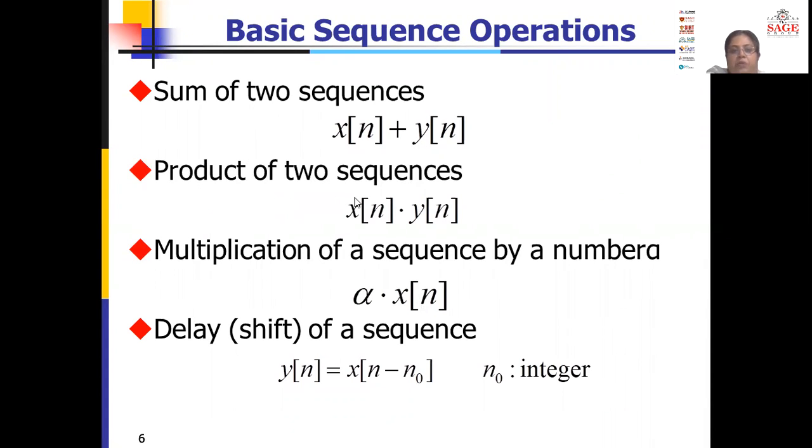Another operation is the product of two sequences. Then there is multiplication of a sequence by a number: if we want to multiply a sequence by an arbitrary number, we can take alpha times x[n]. Delay or shift of a sequence: if we want to shift the sequence, we can perform this operation on the sequence.